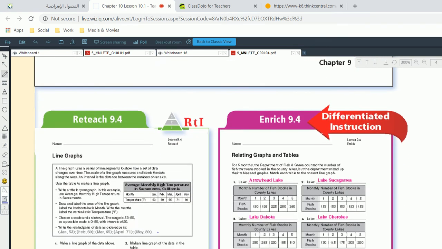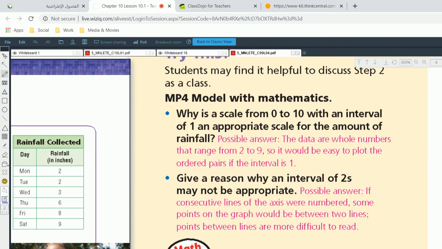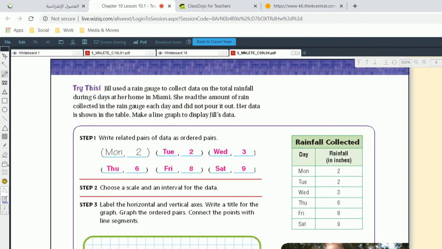The next one, the same here. We have a table here and we want to convert this table into ordered pairs. So firstly we have Monday representing the x-axis and this number representing the y-axis.